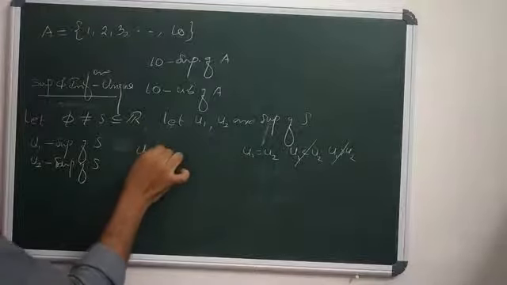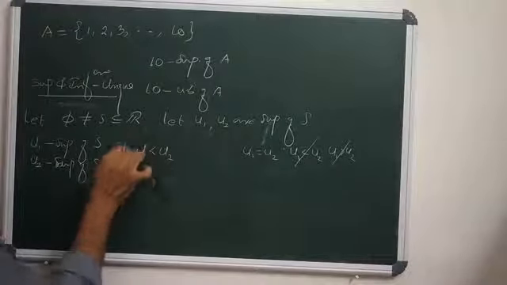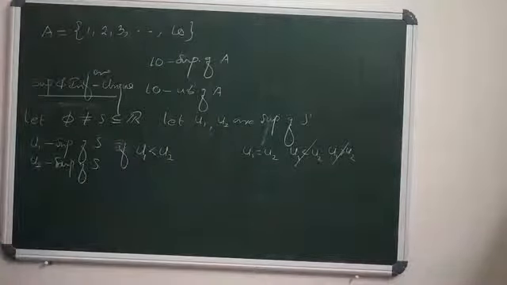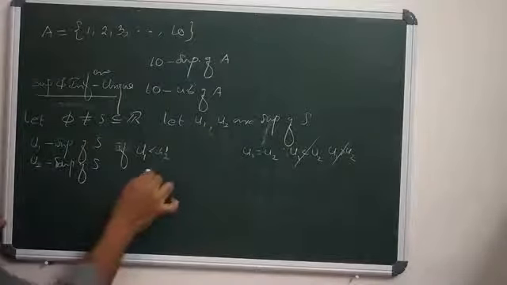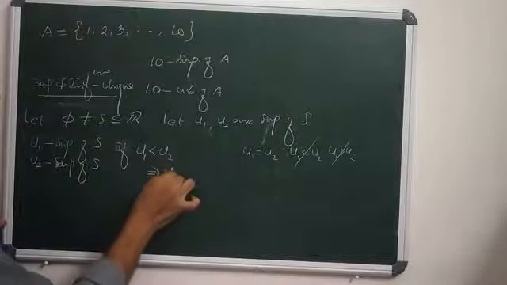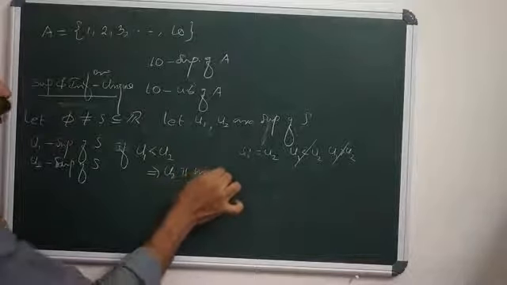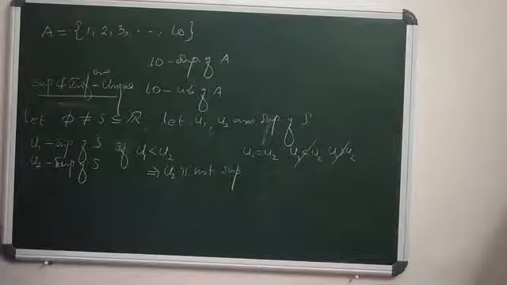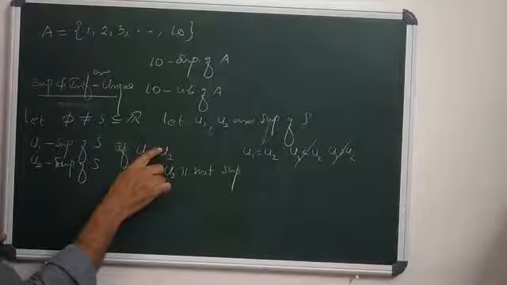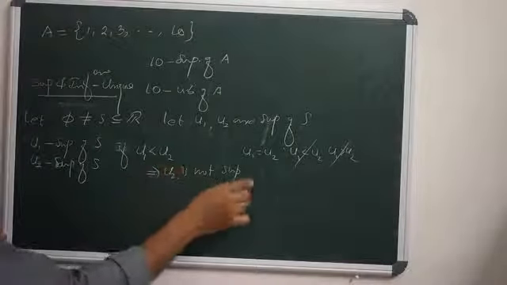Suppose, if possible, U1 is less than U2. What happens here? U1 less than U2 means U2 is not a supremum.